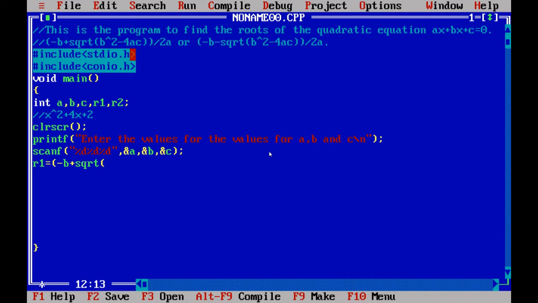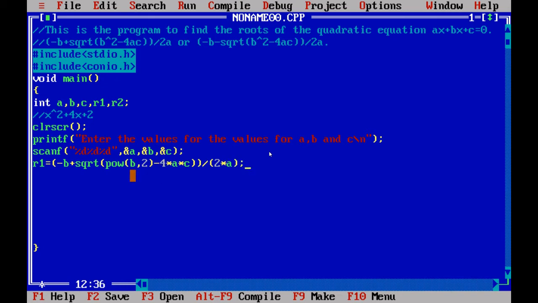So sqrt, and then you can make use of the function pow of B comma 2, then minus 4 into A into C. We have to close the parenthesis for this power, and then close the parenthesis for this one, then divided by 2 into A. Then again close it, put a semicolon.